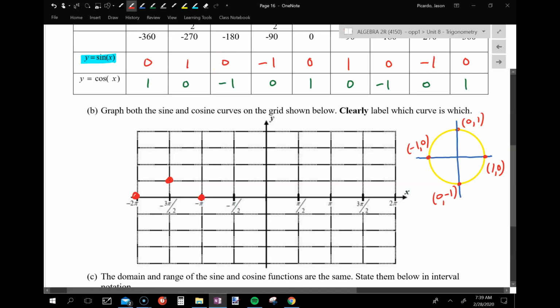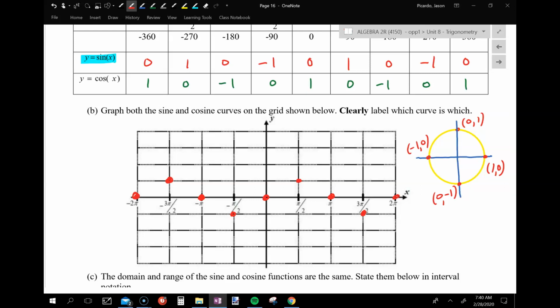And then where? -1. And then where? Back to 0. And then where? +1. And then back to 0. So we get all these points, and they seem like they're haphazardly placed, but they're not haphazardly placed at all.